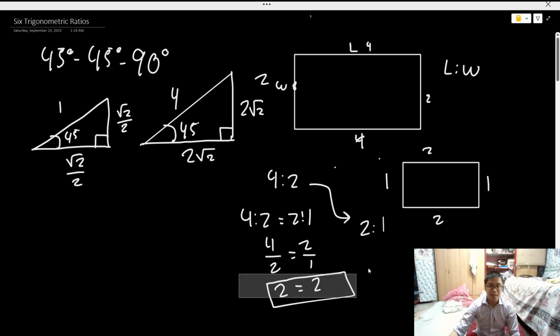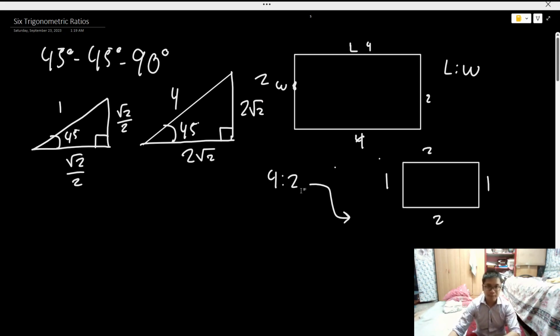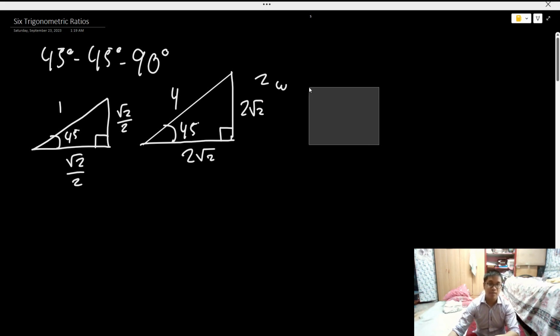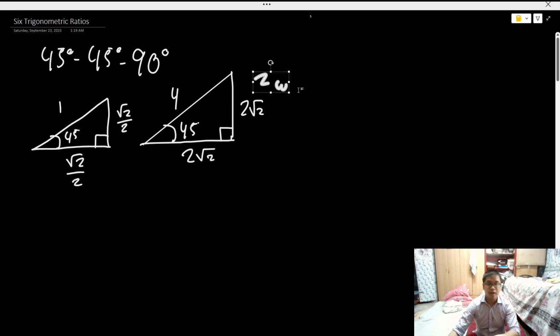Now, let's relate it to these two right triangles that are similar to each other. We're going to relate their parts. Before, I never mentioned the specific labels of a right triangle.